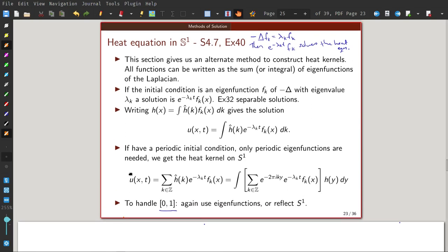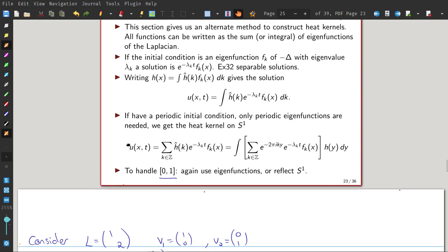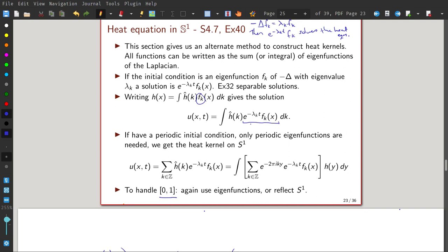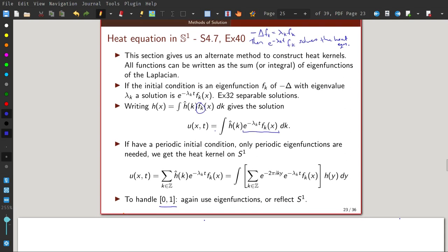So how does that help us? Well, if we can write h as a sum of eigenfunctions, then we can get a solution where, instead of fk, you put the corresponding solution of the heat equation for that eigenfunction, and you sum over that, and you'll get a solution.